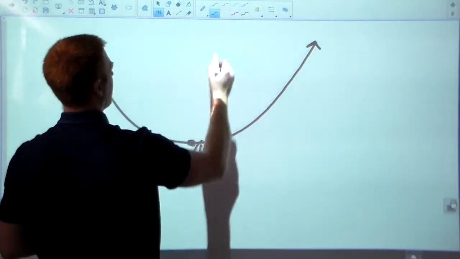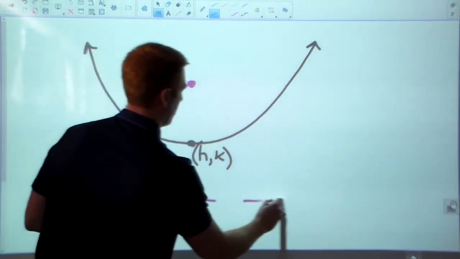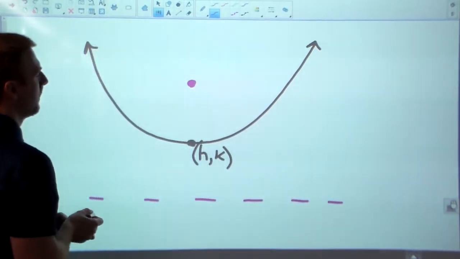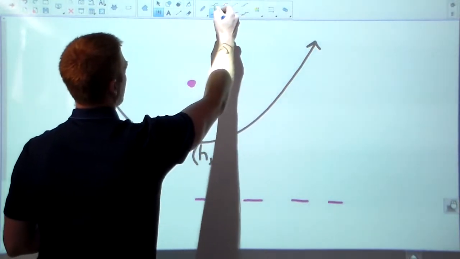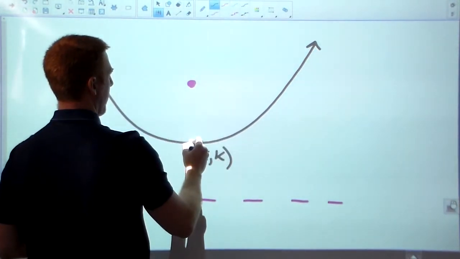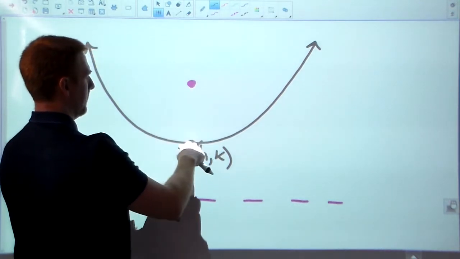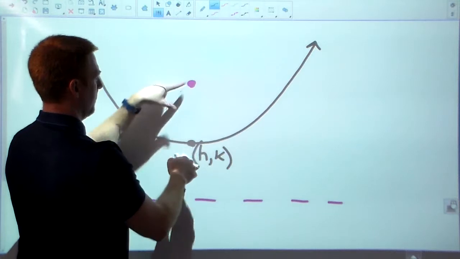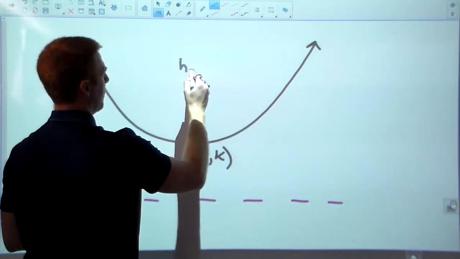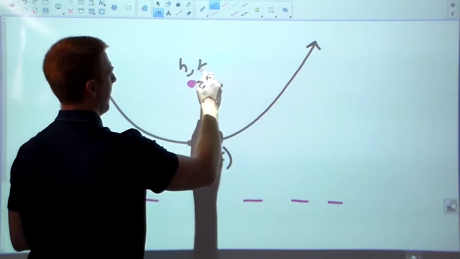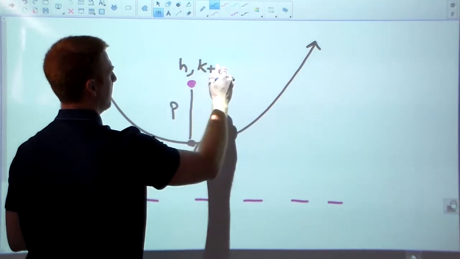So the other thing I'm going to add in is the focus and the directrix. And again, I'll formally define all that stuff soon. The focus and the directrix are the exact same distance from the vertex. They're both the same distance, one's above, one's below. So this point is also h, but then it's k plus, and I'm going to call this distance here p.